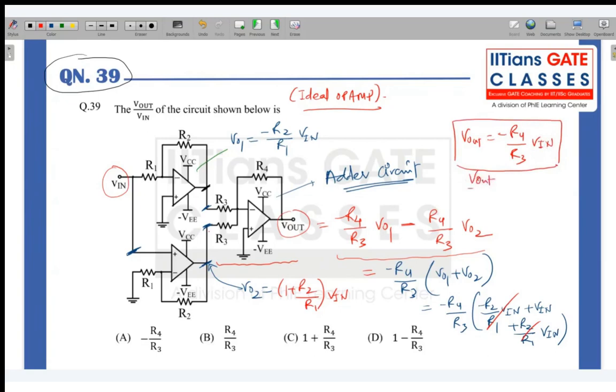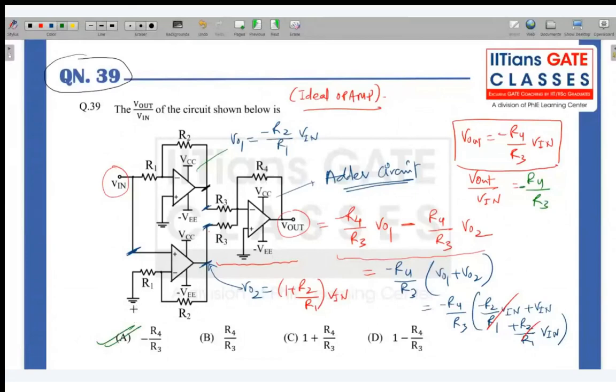Okay, V out by V in, so it will be minus R4 by R3. So I believe this is fine for everyone. So which option is correct here, guys? Can you comment? Which option is correct? Minus R4 by R3. So option A is going to be correct, and according to the official key also minus R4 by R3 is correct.